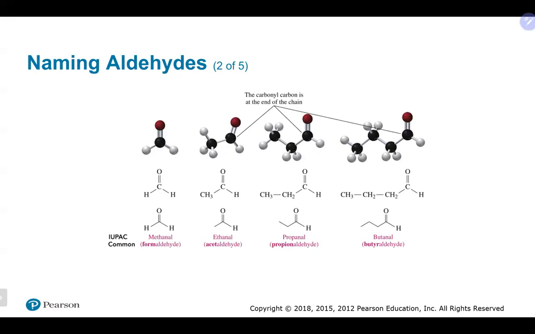And again, the common names are there in parentheses. I would say maybe you should be familiar with that formaldehyde is methanal, because again, formaldehyde is used a lot. As sort of a common name, especially in biology, they use formaldehyde, right? And all those kind of things. So I say you should recognize the formaldehyde and the relationship there. But if you were going to name it, you could call it methanal based on 1 carbon.